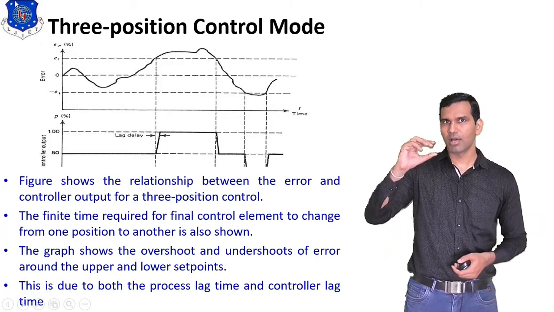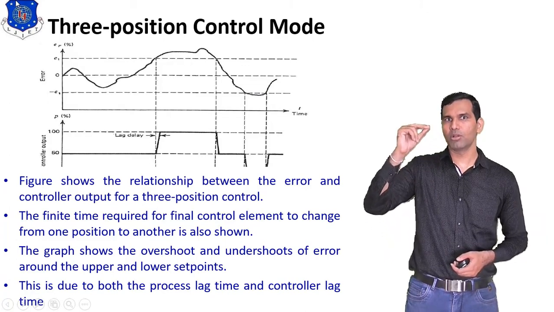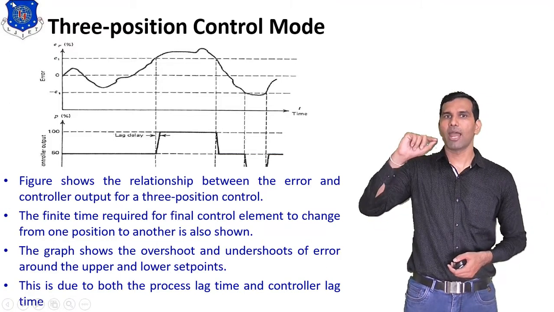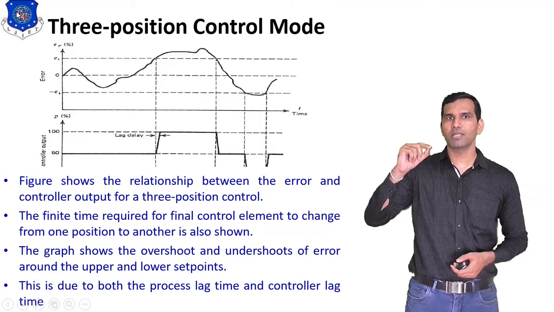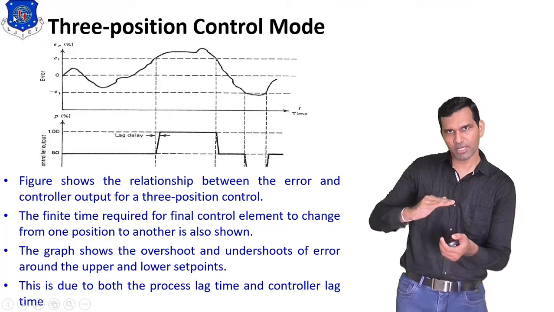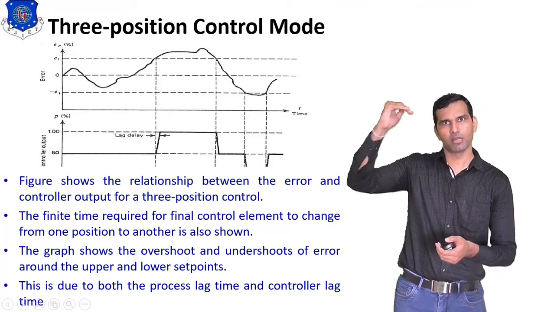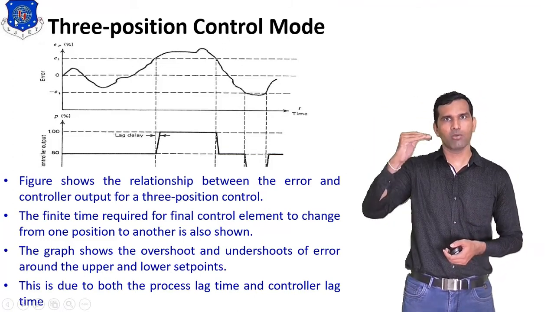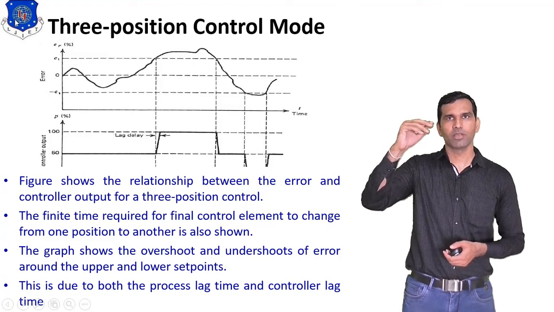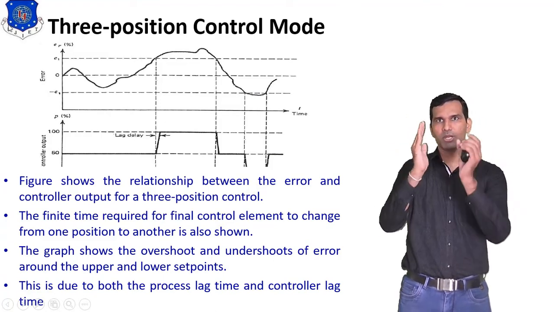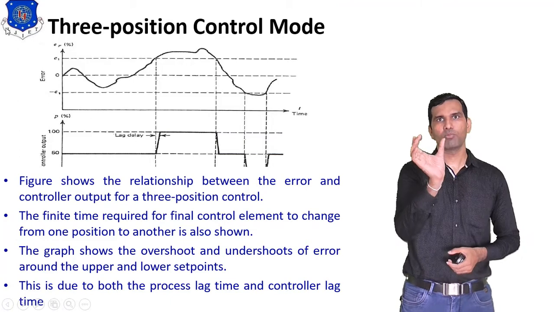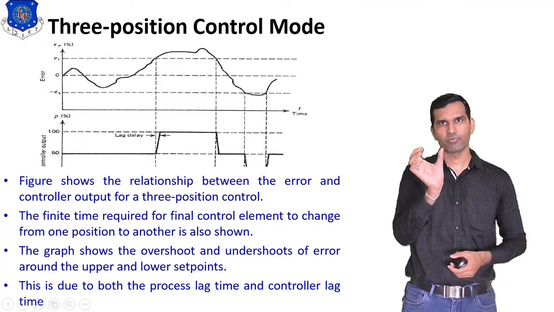If the error goes beyond plus E1, at that time the output is increased from 50% and goes to 100%. And now it stays there. That means in that portion the output is fixed at 100%.